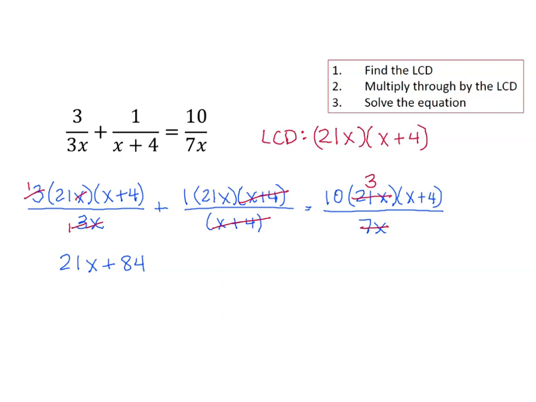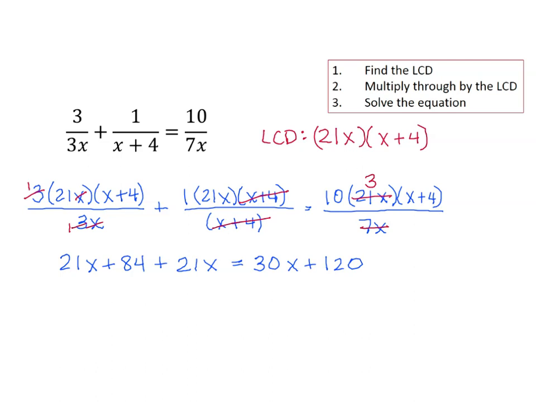All right, the next fraction, all I have left is a 21x because the rest canceled. And in the sum, I have a 30, because I have 10 times 3, times this binomial, so I have to distribute again. 30 times x, 30 times 4. And that would give me 30x plus 120. And now I have an equation with a variable x, and I'm going to solve.